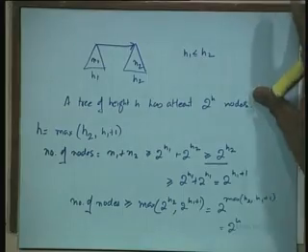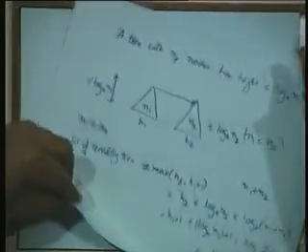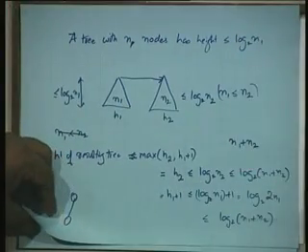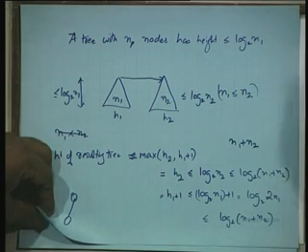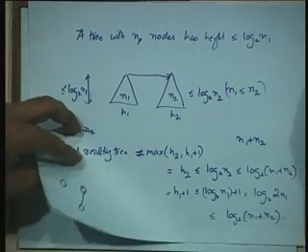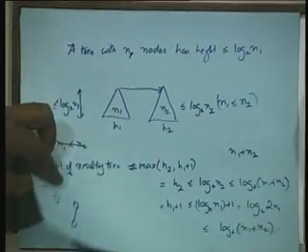So if it has height more than log n, it will have more than n nodes, which is not possible. So from this argument, no tree has height more than log n, since the maximum number of nodes in any tree is at most n.